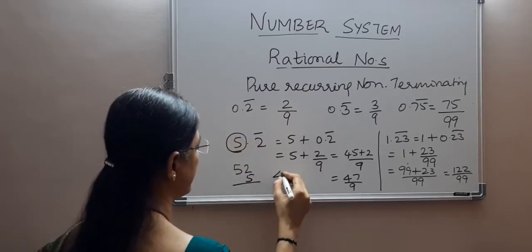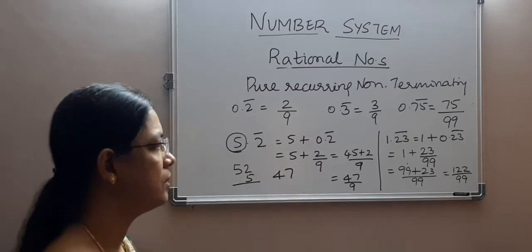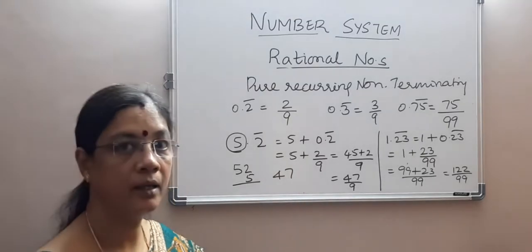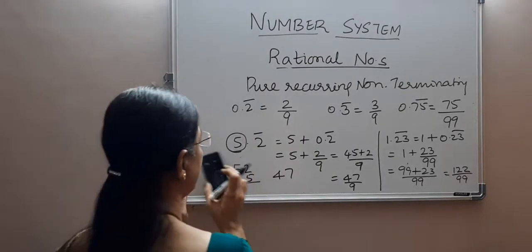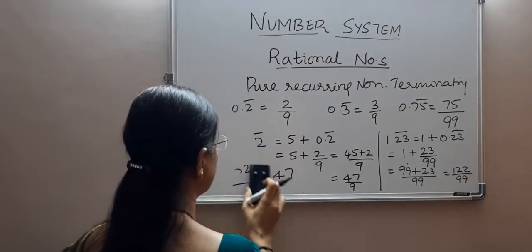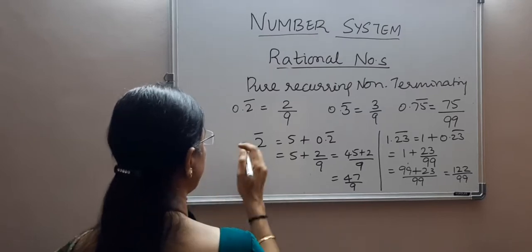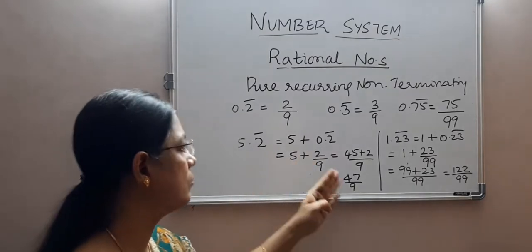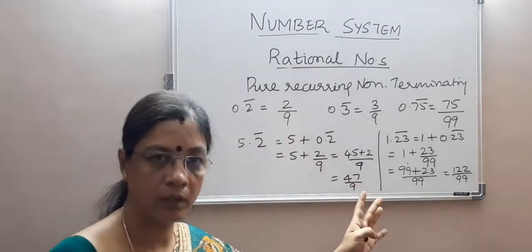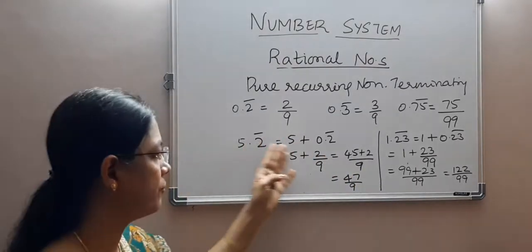If I subtract 5, I get 47, that is 47 divided by 9. See, isn't it easier? But going by the rule is easier for you, or it will be clearer for you without any mistake. So you can follow this.